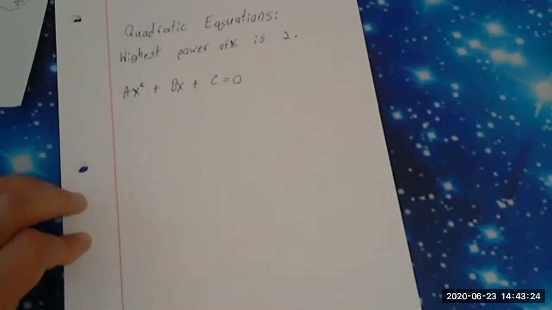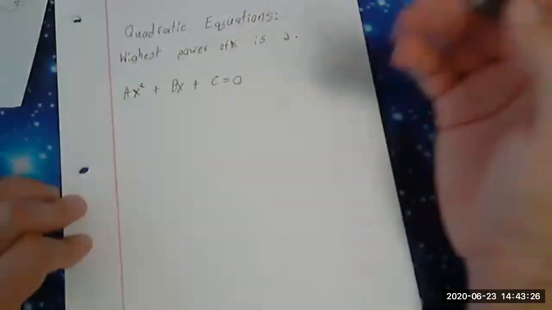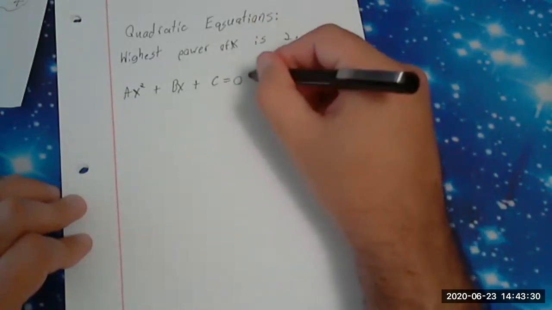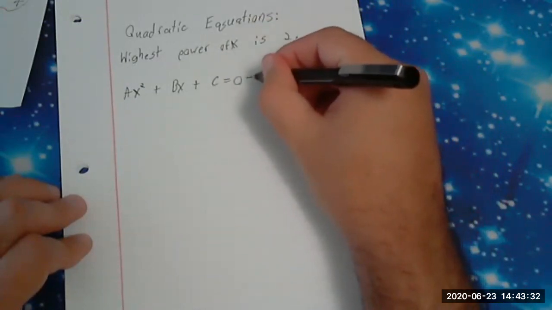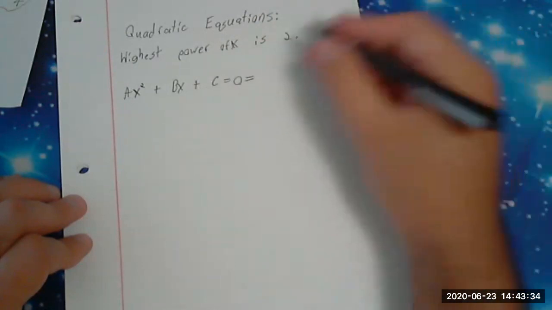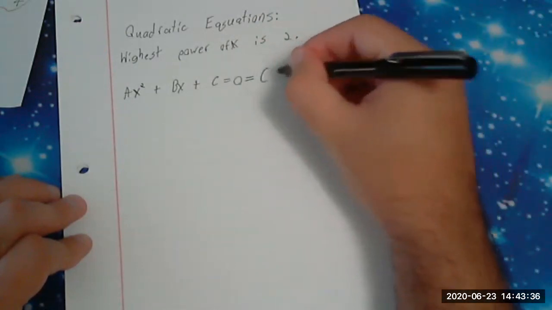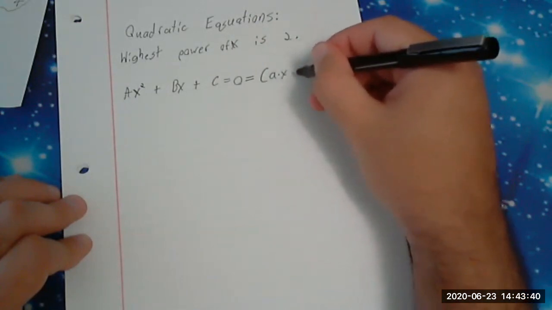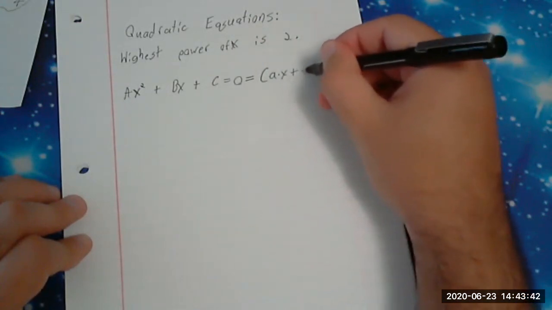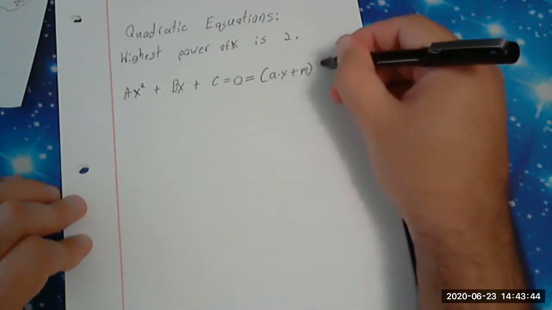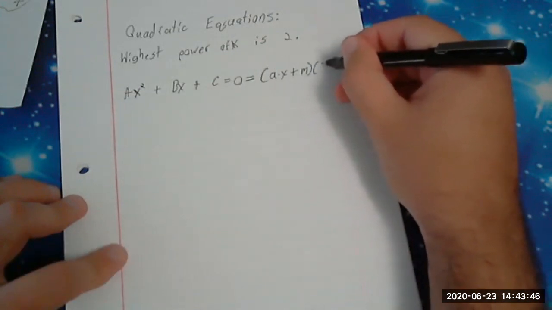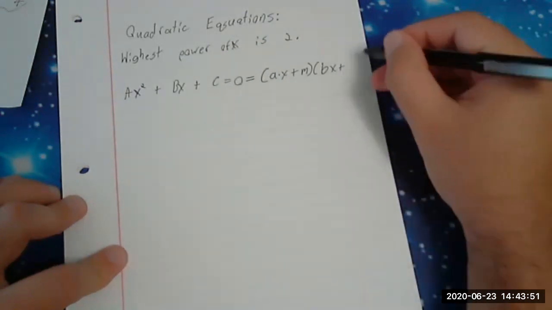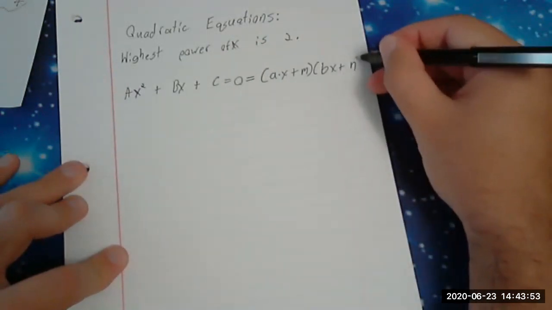So our first attempt, the first thing that we like to try and do with this is see if we can factor it. And the way we factor it is into some number times x plus a number, and some number times x plus a different number. Okay.